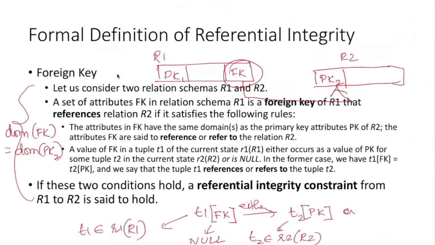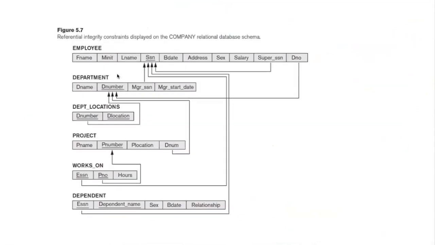Okay. So this is about the constraints that we have. First of all, we have the integrity constraint called domain constraint. What are the various constraints? Domain constraints. Then I have key constraint. Key constraint is that two values of the primary key of a relation cannot be the same. Then we have the not null constraint.